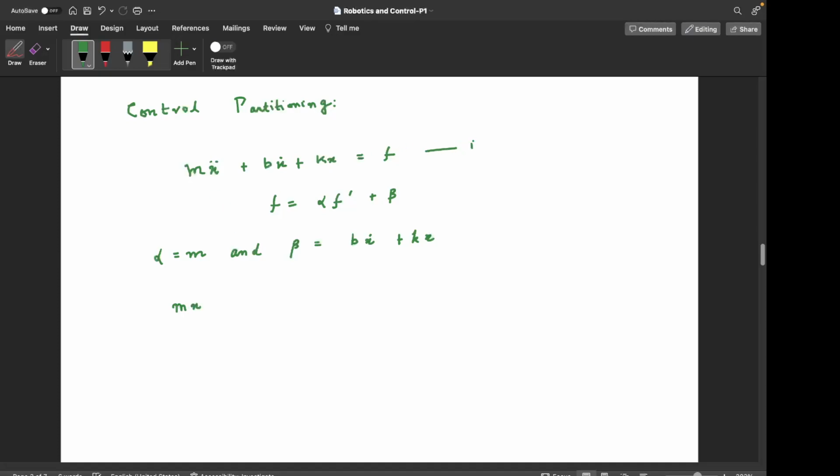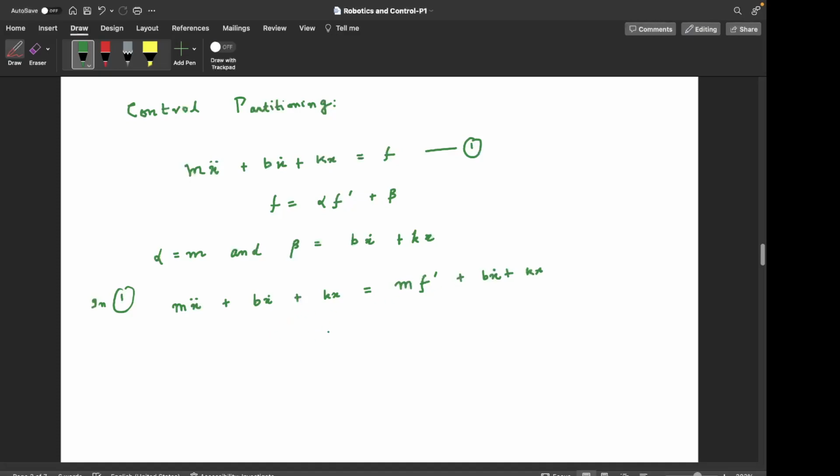So in 1, if we substitute, what will we get? Mx double dot plus bx dot plus kx is equal to f, which is alpha f dash plus beta, and alpha is m, so m f dash plus beta is bx dot plus kx.